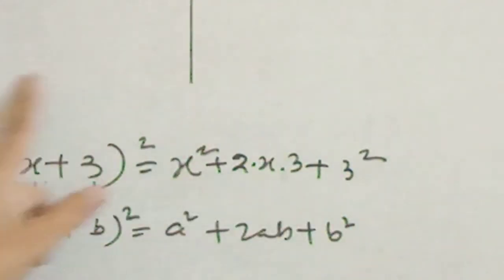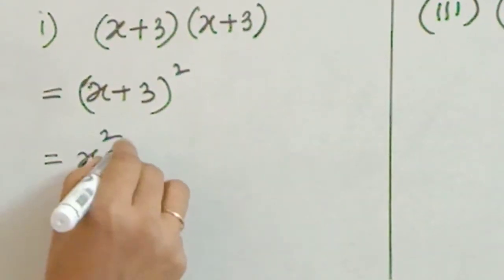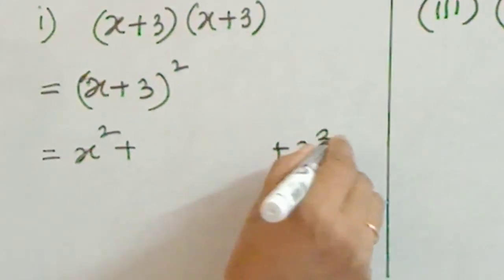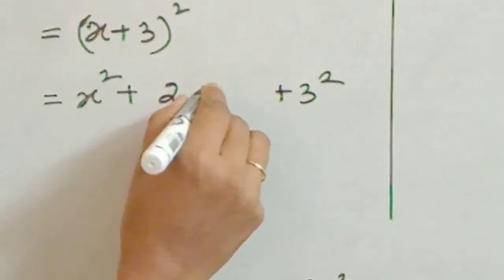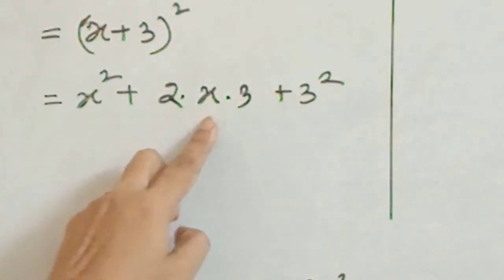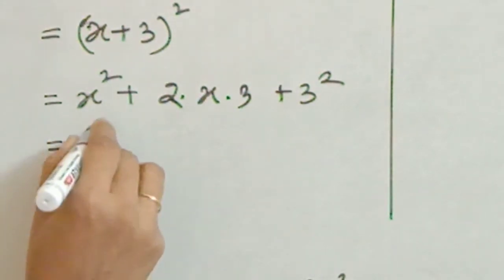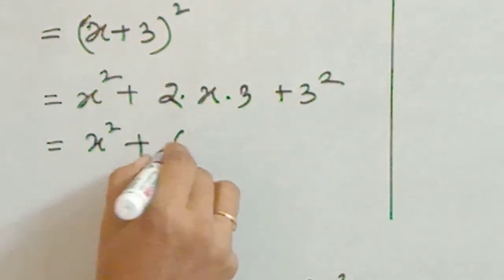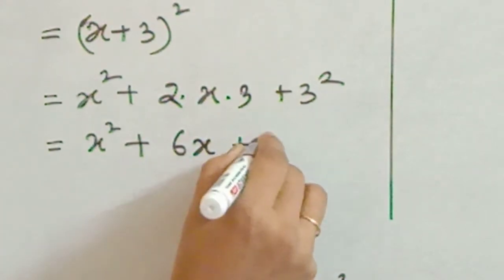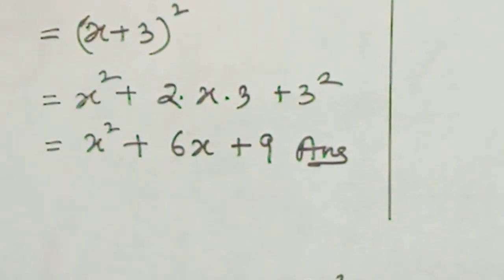We will not write this so elaborately, we will directly use this one. A plus B whole square, X square plus 3 square plus 2 into X into 3, here A square plus 2AB plus B square. Now the result is X square plus 2 3s are 6, X plus 3 3s are 9. And this is the answer of this sum. Final answer will be x square plus 6x plus 9.